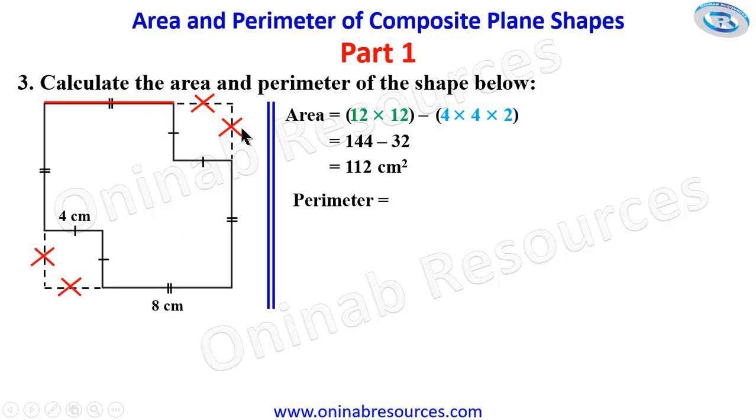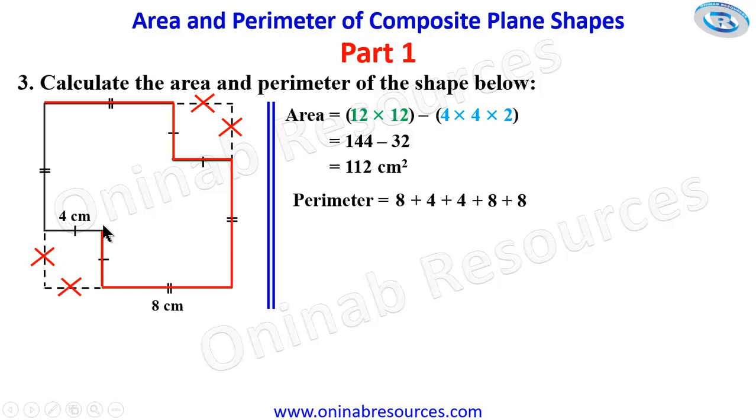This is 8 centimeters, so we have it as 8. This side is 4 centimeters, plus 4. This side also is 4 centimeters. We have plus 4. This is 8 centimeters, plus 8. Another 8 centimeters for this side, giving us plus 8.